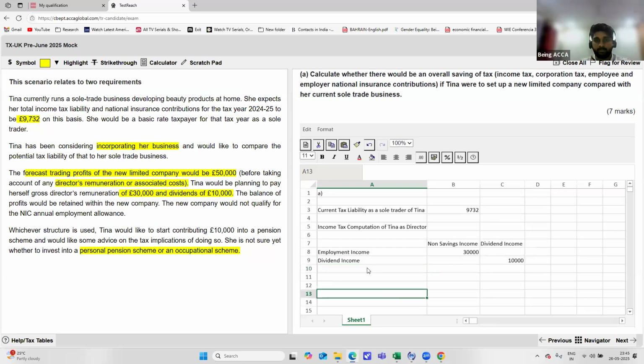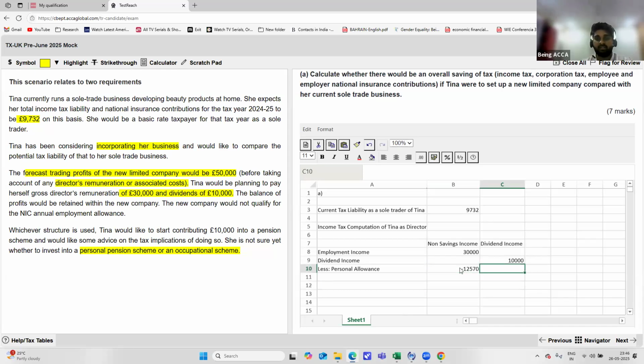So let's write less personal allowance. And because first, always the personal allowance is to be deducted from non-savings income, then the priority is given to savings income, and third will be given to the dividend income. So personal allowance should first be deducted of 12,570 from the non-savings income. Since it can be deducted in the entirety from non-savings income, we have to deduct it here, 12,570.